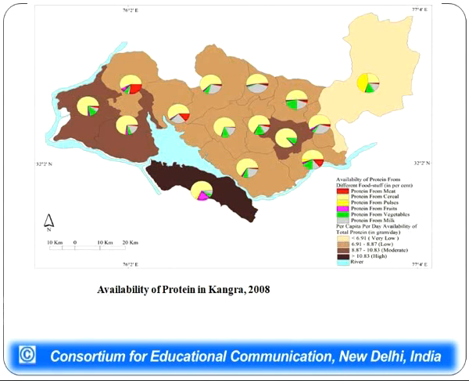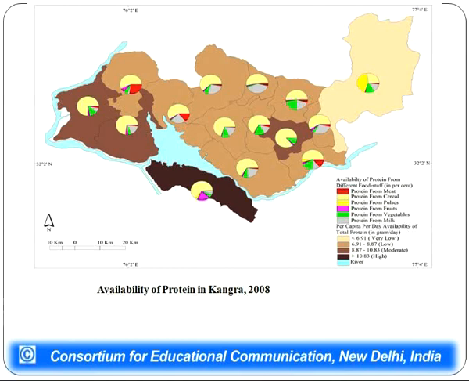Availability of protein, we get from meat, cereal, pulses, vegetables, and milk, and you can see the per capita per day availability of total protein in gram per day.